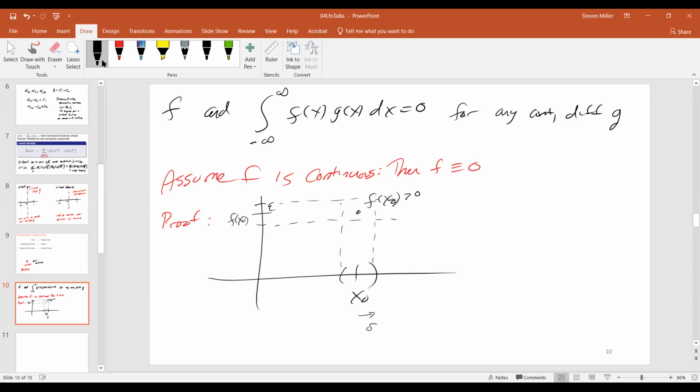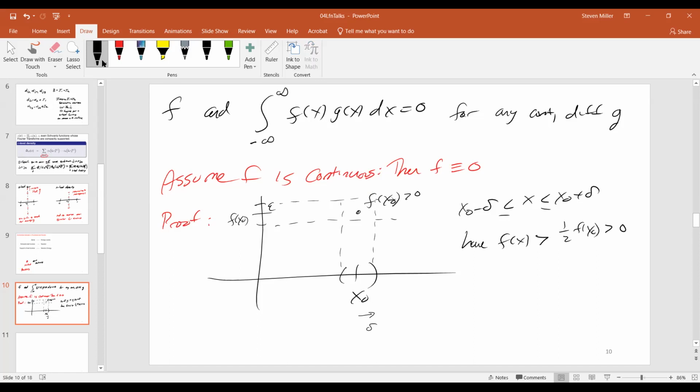And so in this region, x_0 minus delta less than x less than x_0 plus delta, we have f(x) is greater than, say, 1/2 f(x_0), which is greater than 0.